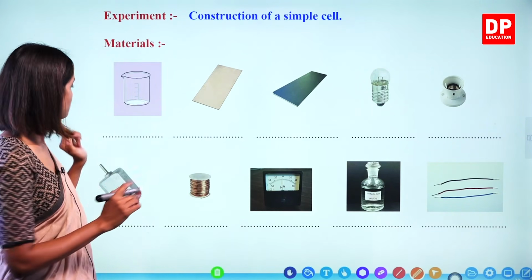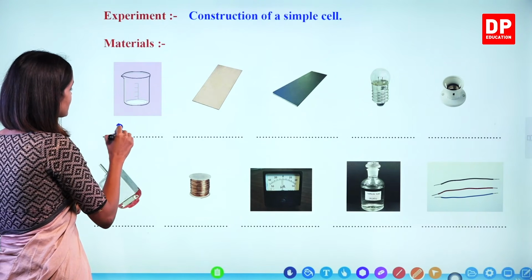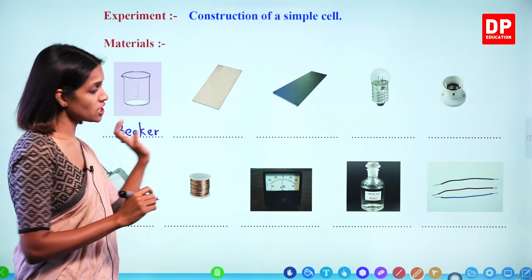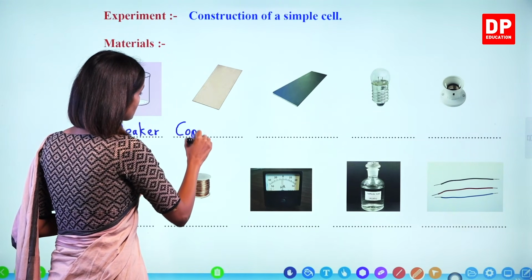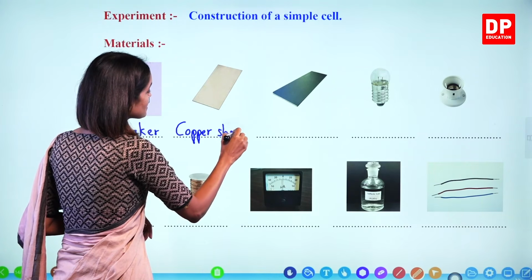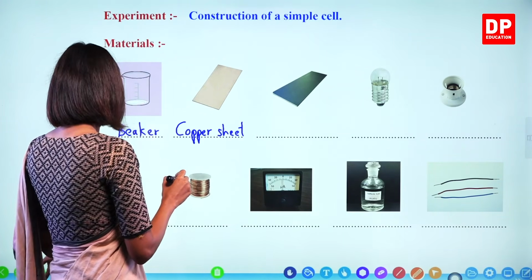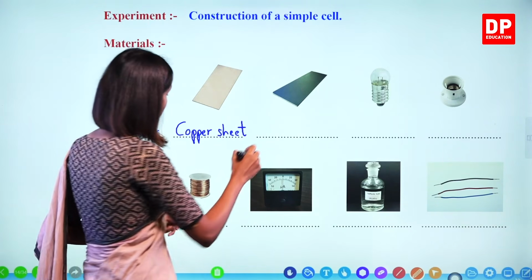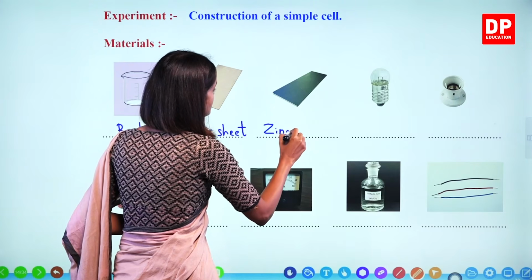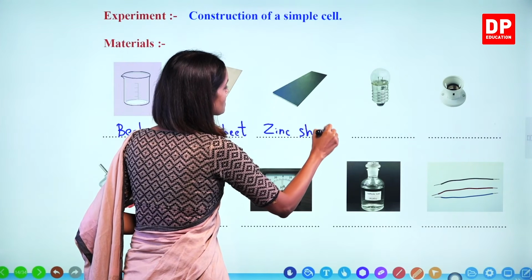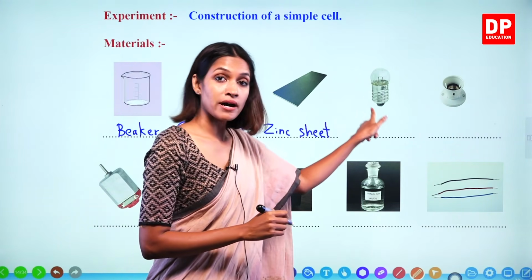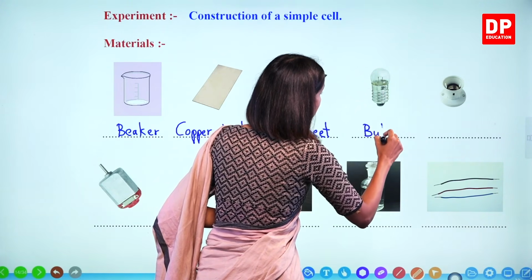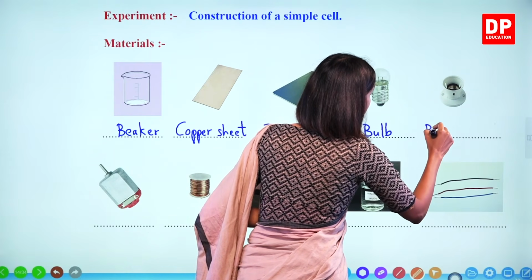We need a beaker. We will write each. Beaker. And we need a copper sheet. Copper sheet. And we need a zinc sheet. Zinc sheet. We need a bulb and a bulb holder.